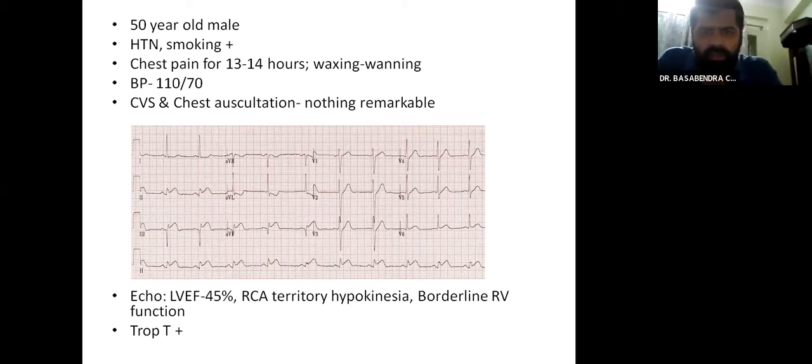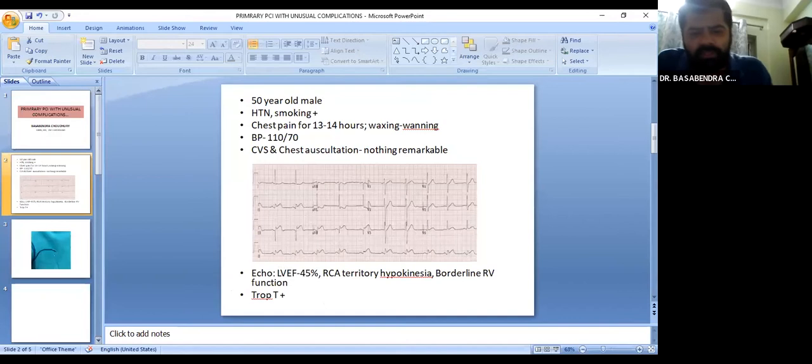So we went ahead with the angiography, loading with aspirin 325 and clopidogrel 600. First, we went ahead with our right radial route. The left shots were taken.